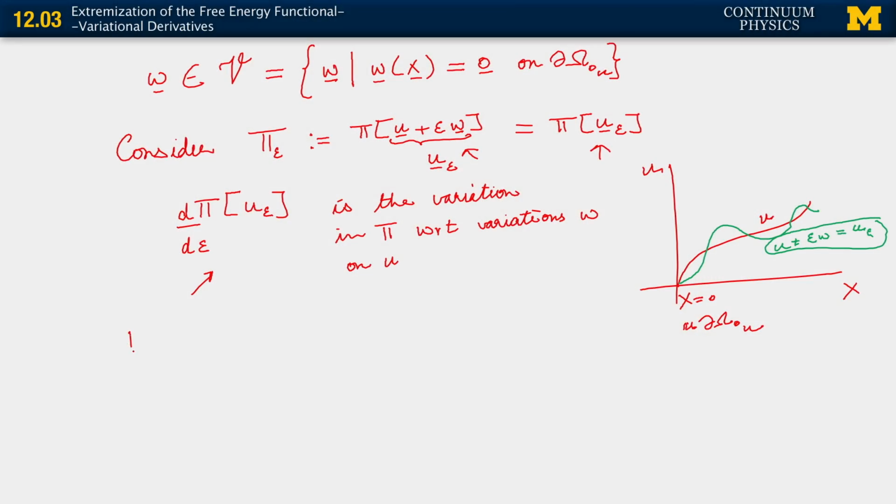Okay, but here's the deal. Remember how in computing the derivative, we finally said, yes, the variations have to shrink to 0, right? In computing the standard derivative, recall that df dx, where f is a function of x, is the limit as the variations in x go to 0 of this ratio.